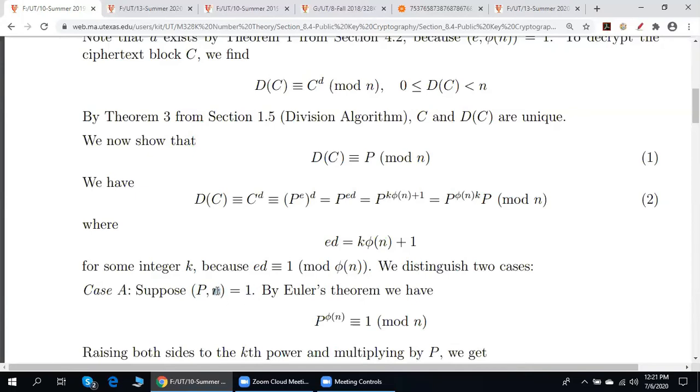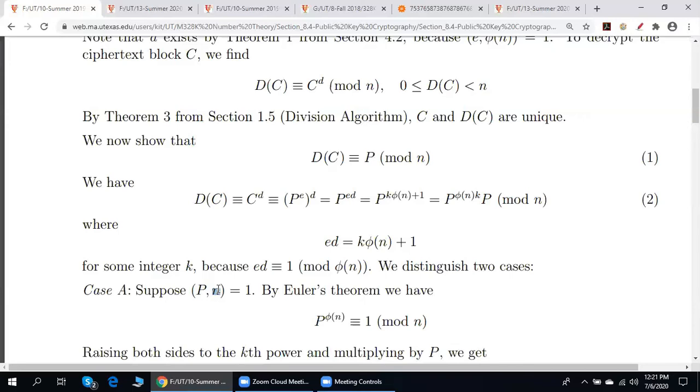We know that n is not even, n is odd, because n is the product of two huge and therefore odd prime numbers. So the probability that the greatest common divisor of p and n is greater than 1 is almost 0.